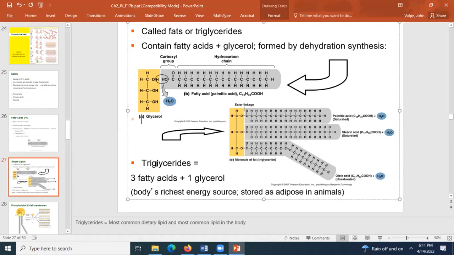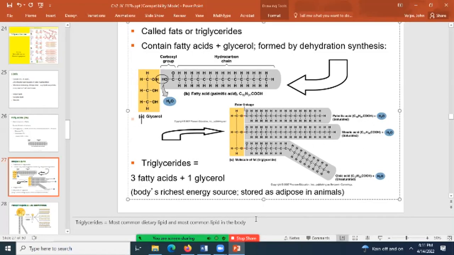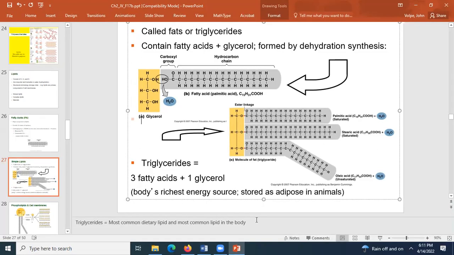A slight mention about the body's richest energy source. If you needed a lot of energy all at once, or let's say you're in Point Barrow, Alaska. I think that's as far north as you can get in Alaska. And then your car dies and you've got to go hiking through the wilderness to get to town in order to survive in the cold weather. And so you want to carry with you something to eat to give yourself energy.